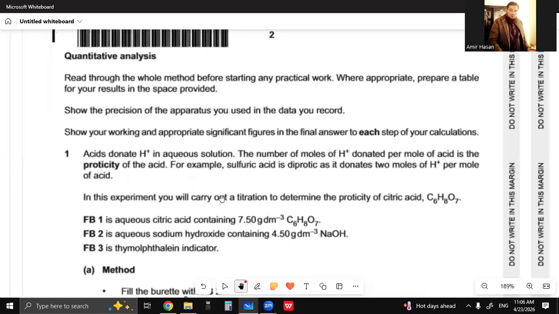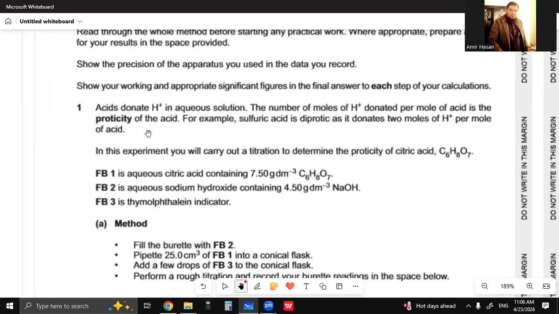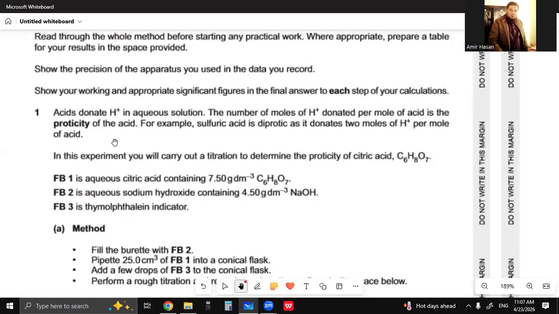Okay. Now, in this question, it is given that an acid donates H plus ions in aqueous solution. The number of moles of H plus donated per mole of acid is the proticity of the acid.